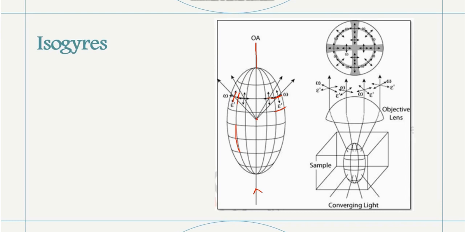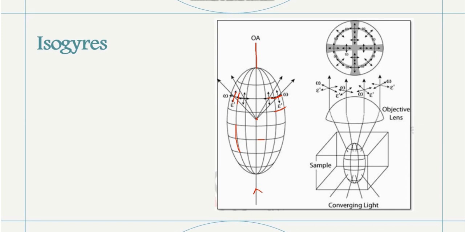The ordinary rays are parallel to the lines of latitude, but the extraordinary rays vibrate parallel to the lines of longitude. Can you see these lines? We call them longitudes, so the extraordinary rays vibrate parallel to the lines of longitude, but the ordinary rays vibrate parallel to the lines of latitude.